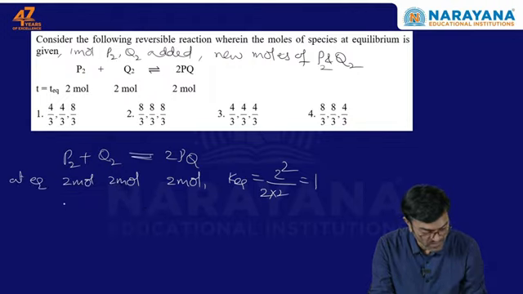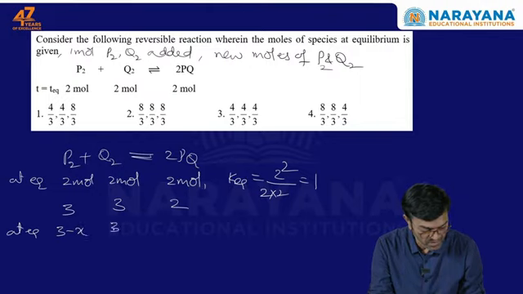2 plus 1, 3, and 3, and PQ will be 2 only. Now at new equilibrium, 3 minus x, 3 minus x, and we will be getting 2x.